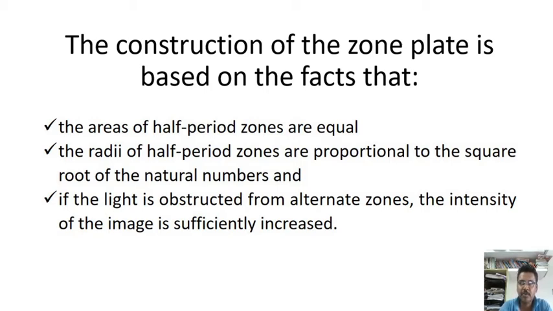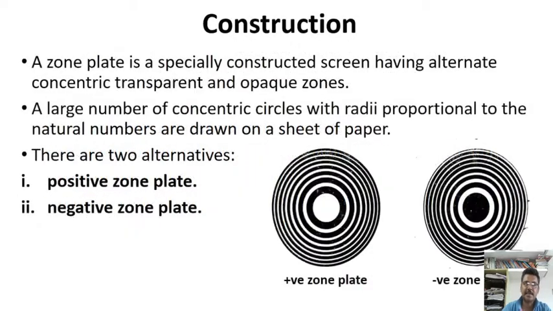The radii of half period zones are proportional to the square root of the natural numbers. And also, if the light is obstructed from alternate zones, the intensity of the image sufficiently increases. Knowing these facts, now we are going to construct the zone plate.